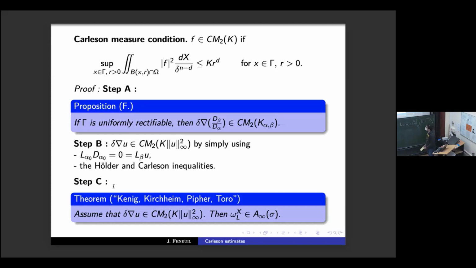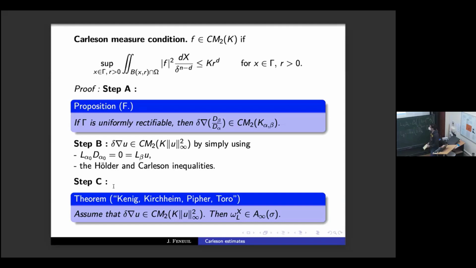Okay. Then, well, basically, you say that the first operator, L beta, is a kind of perturbation, a Carleson perturbation of the second operator with alpha 0, the magic alpha.